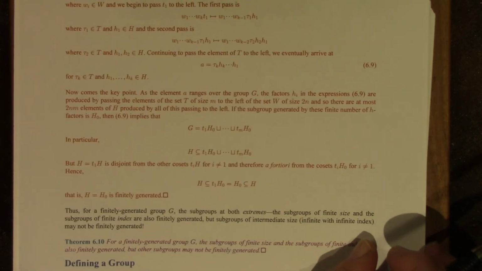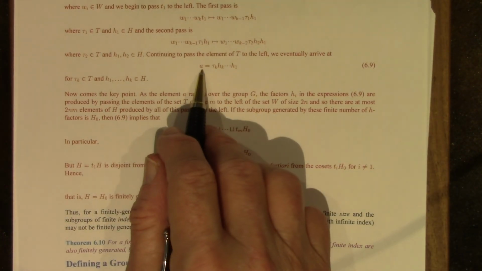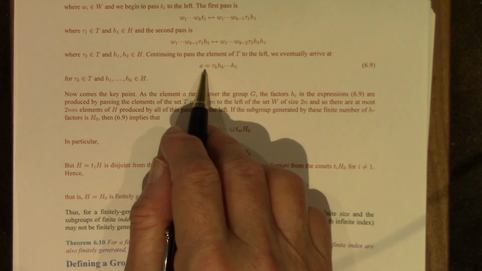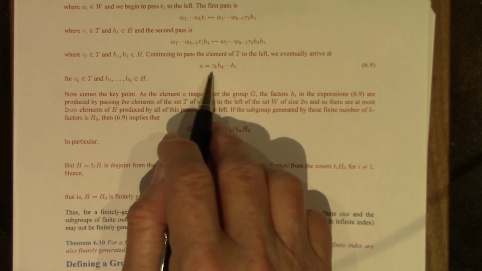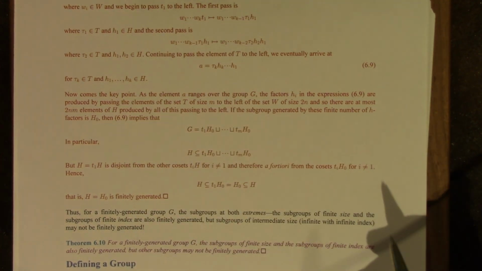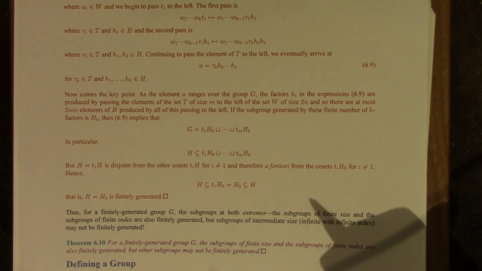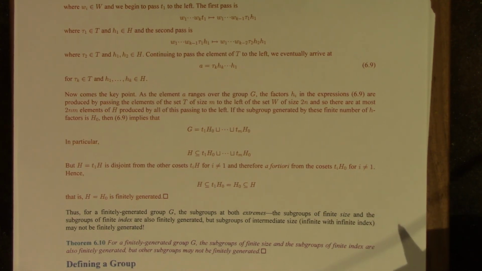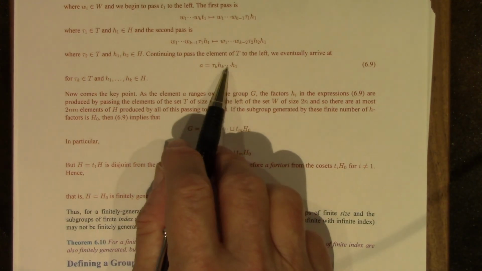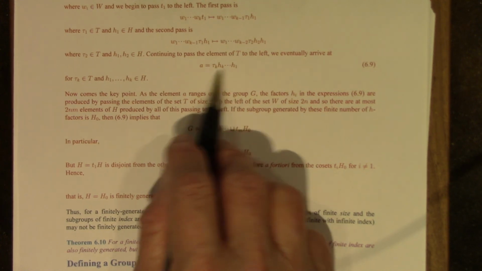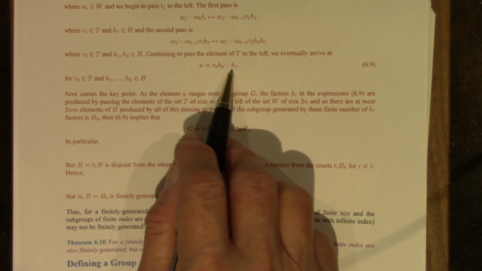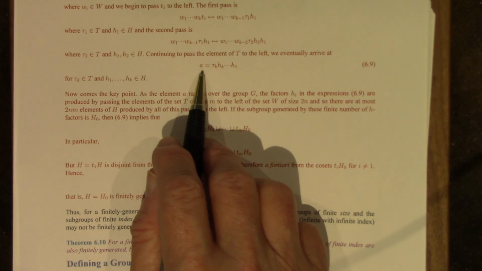Even though the group is infinite, the number of a's that we have to check is infinite. We're producing this expression by interchanging elements of T with elements of W, and both those sets are finite. So we could make a catalog, for example, of that ahead of time and get at most 2nm different h's, and that's all that would be allowed here for all the elements of G.